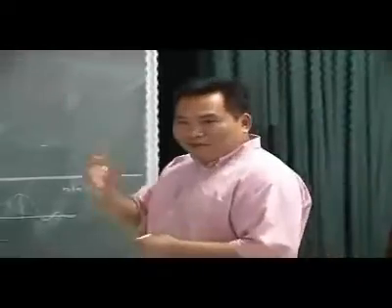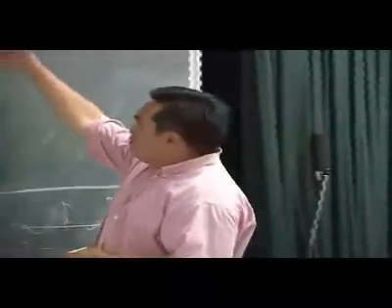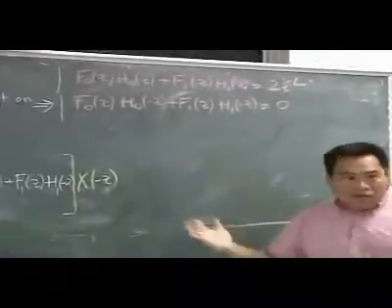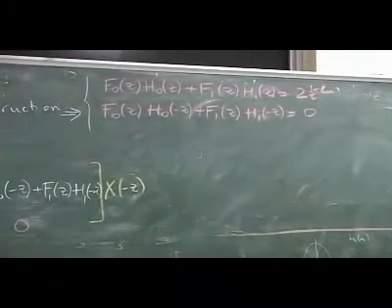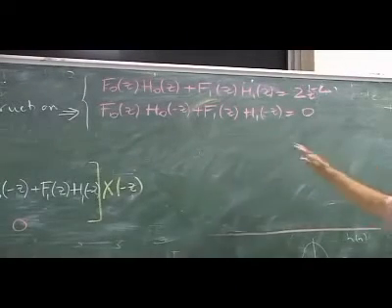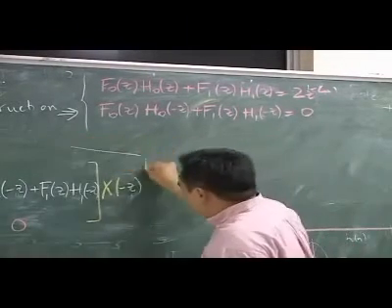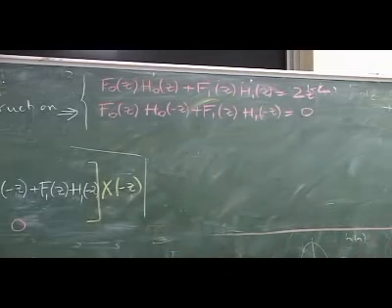How many filters do you need to design? 4. How many equations? 2. Oh, that's hope, right? You have 4 unknowns and 2 equations. There's hope it might work, right? If you have too many equations and very few filters, it might not work. So that's some hope.